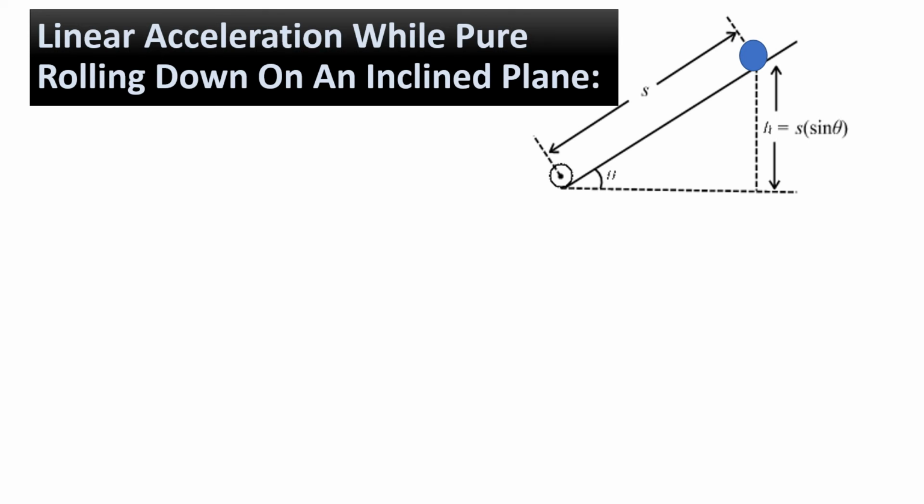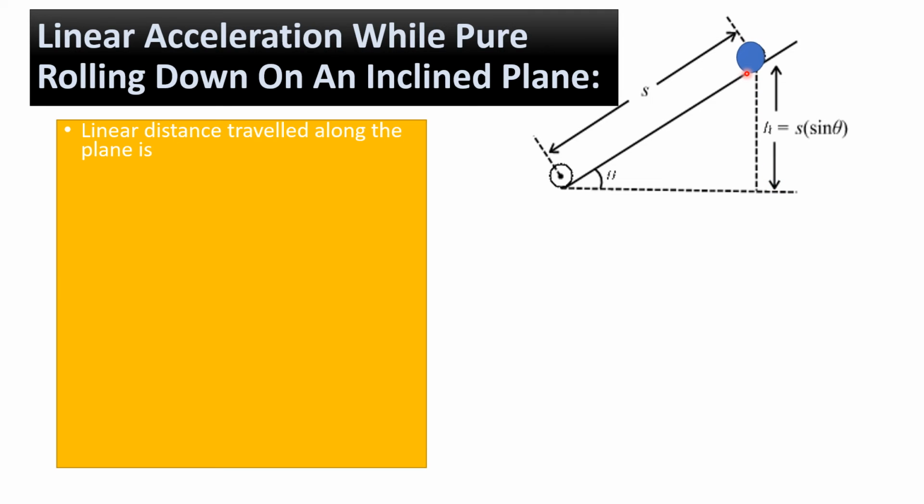We'll find out the expression for the linear acceleration of an object performing pure rolling down an inclined plane. Consider a rigid object of mass m and radius r rolling down an inclined plane from the height h.